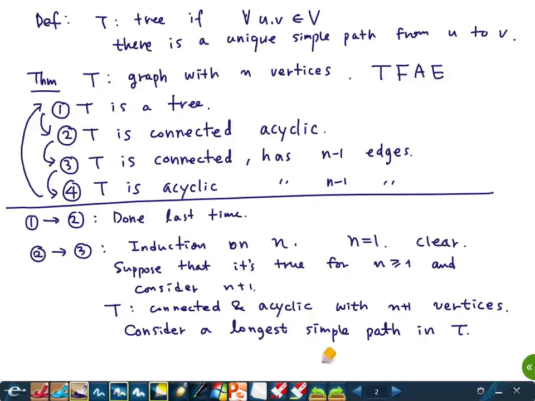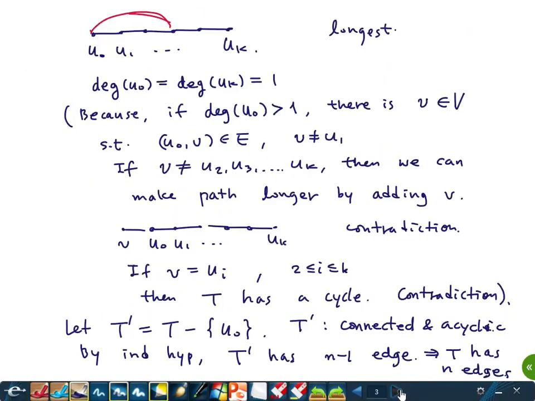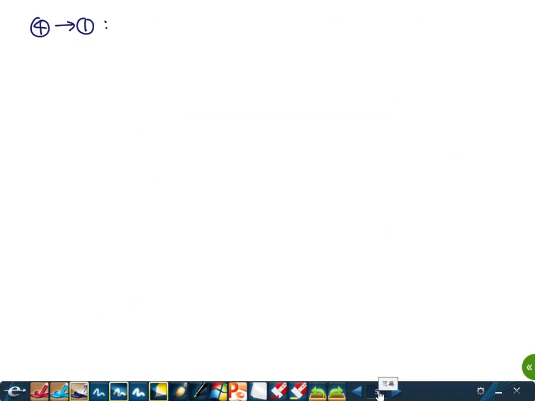Let's go back to the definition or condition. 4: acyclic with n minus 1 edges, then it's a tree. Tree means, in our definition, for every 2 vertices, there is a unique simple path. So T has n minus 1 edges and is acyclic.